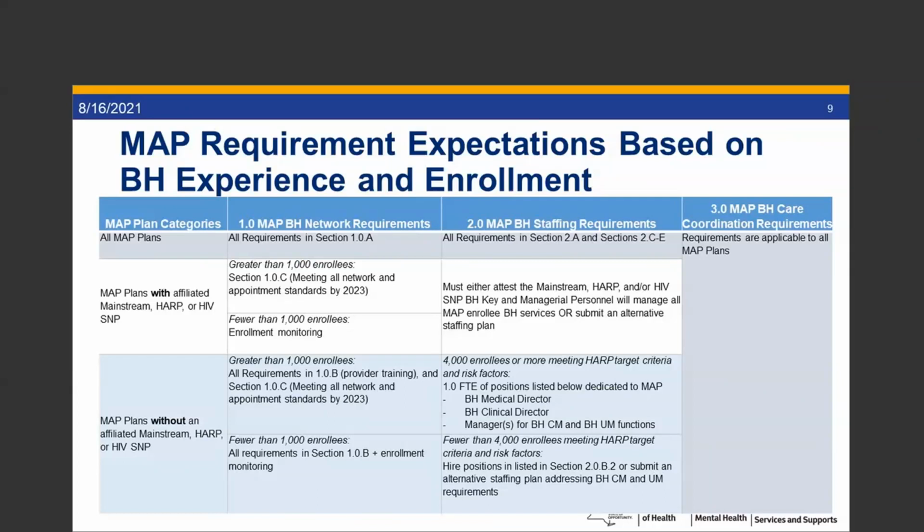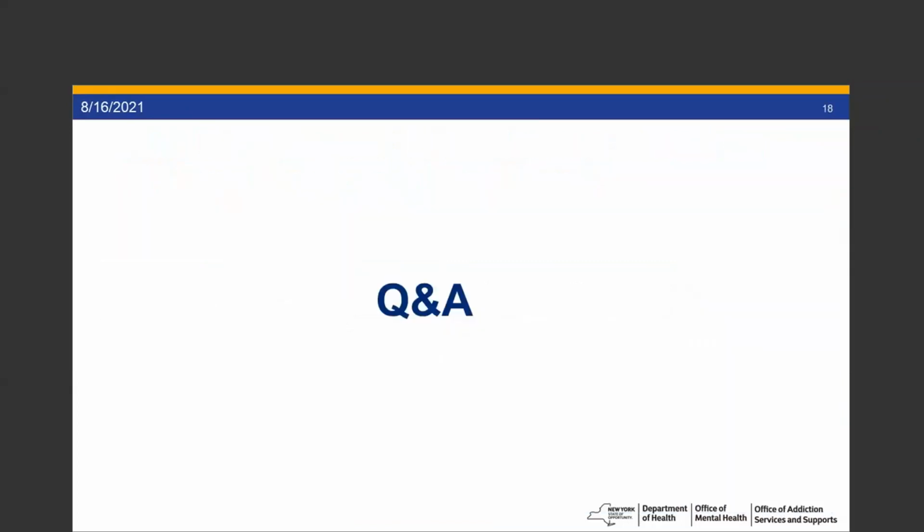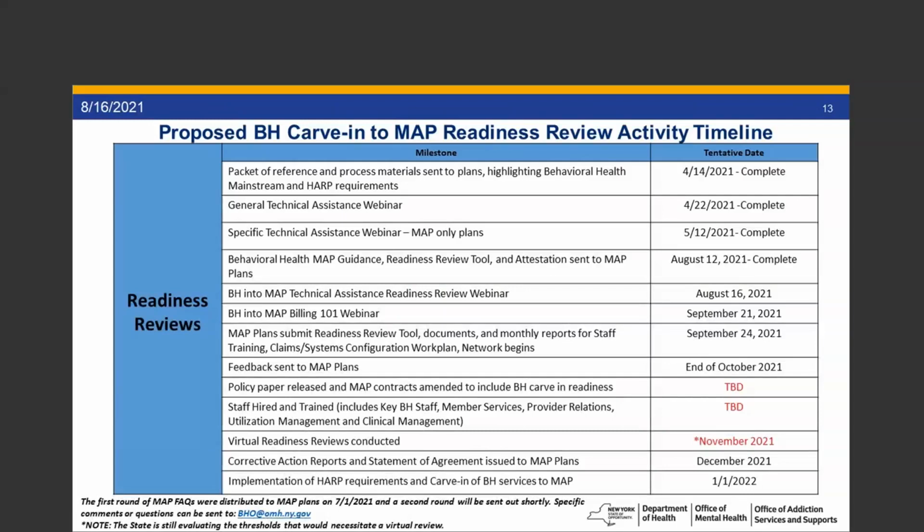Yep, so I think we had said early October in the slides, and so we don't have an exact date on the presentation, but we do expect to try to turn that around fairly quickly so that if there are any issues, it gives time for plans to address those issues. So we're going to do our best at the state. This is Alyssa from OMH, but we are working with DOH on the review of these materials, and so we're going to aim to turn that around pretty quickly.